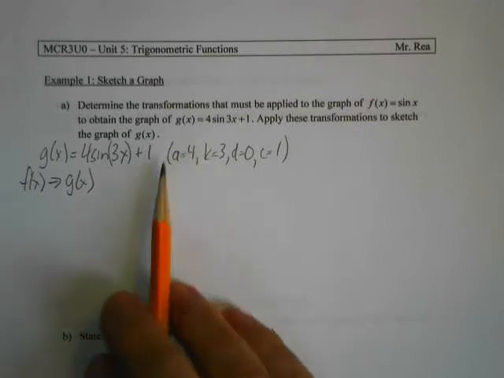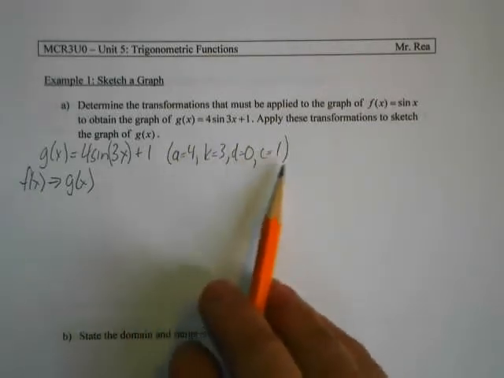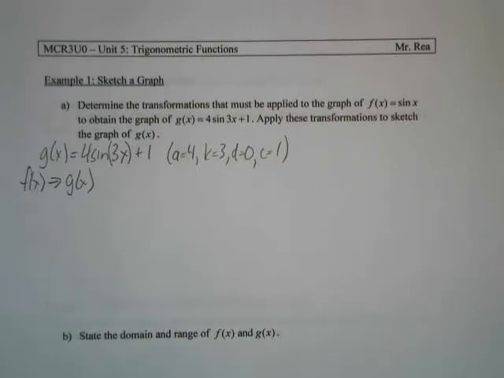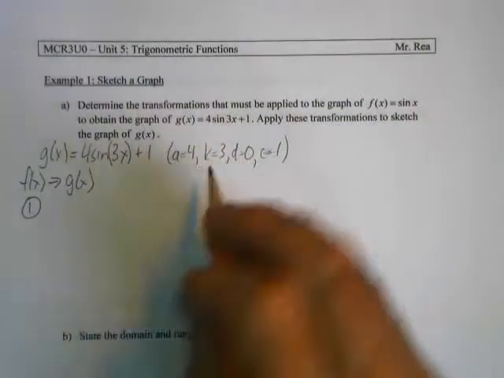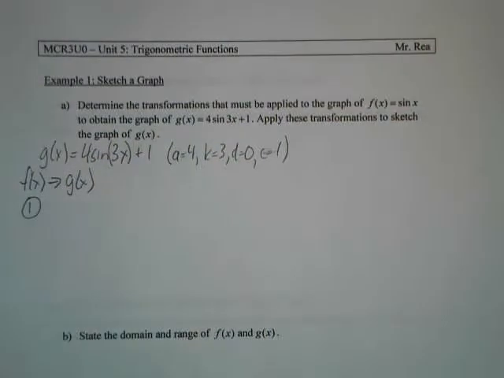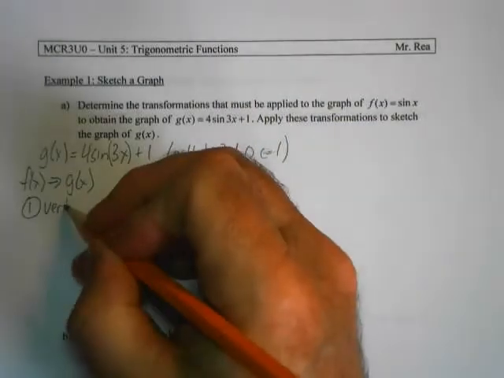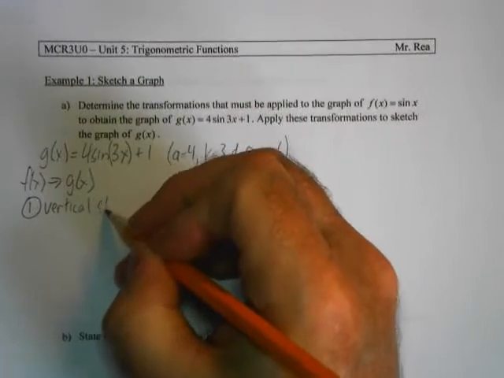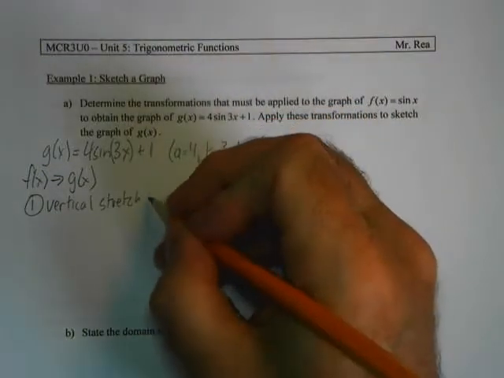It doesn't matter within a and k what I talk about first, and it doesn't matter which order I do the d and c, but it matters that the d and c come last. Okay, so the first thing I'm going to look at is the a value. The a value is 4. That tells me there's a vertical stretch by a factor of 4.